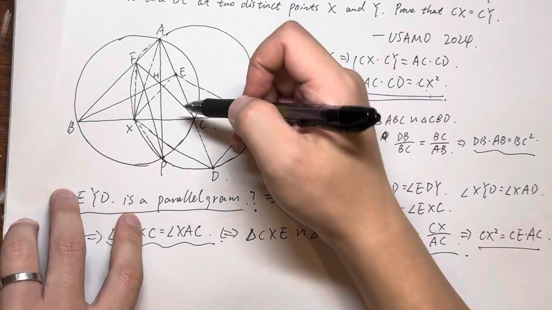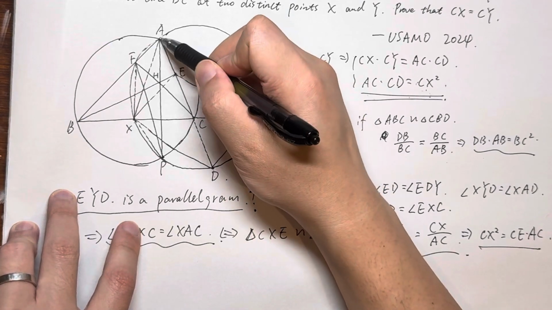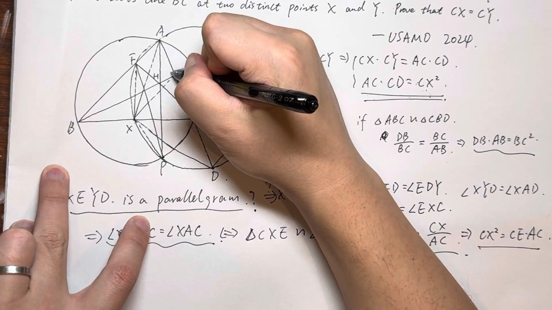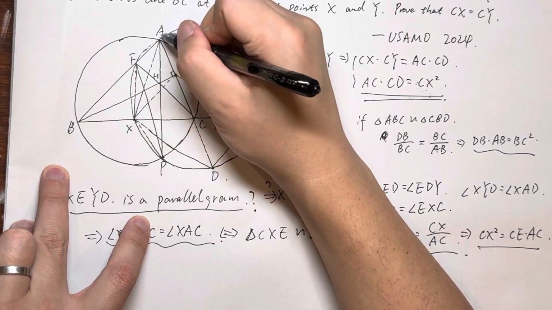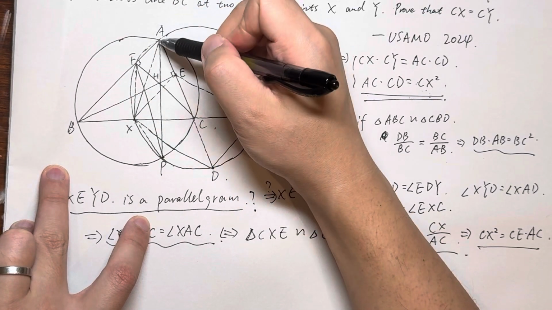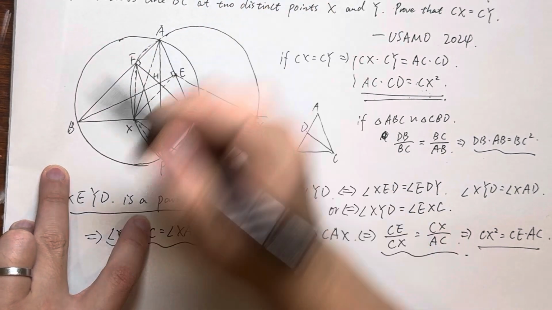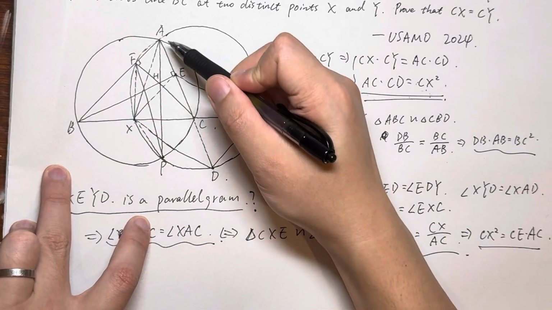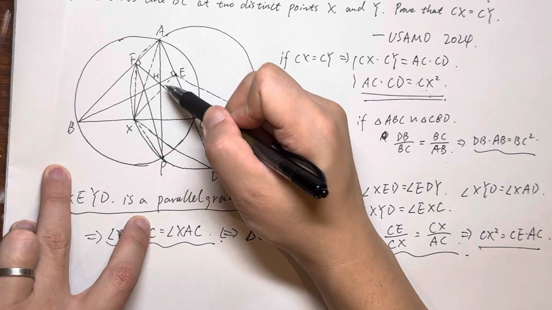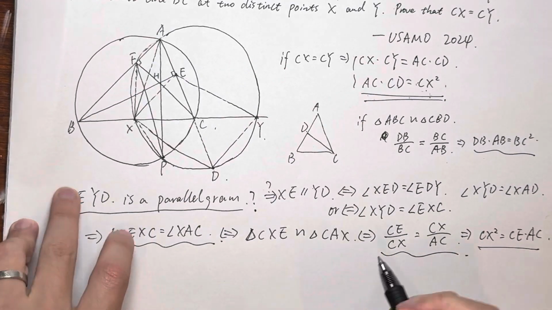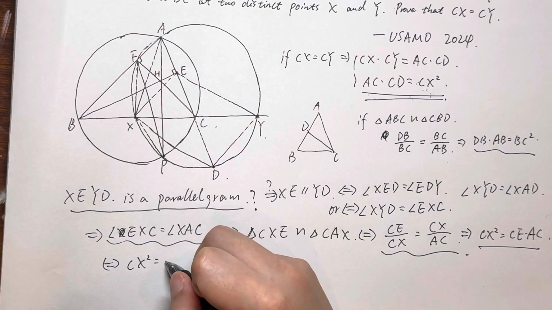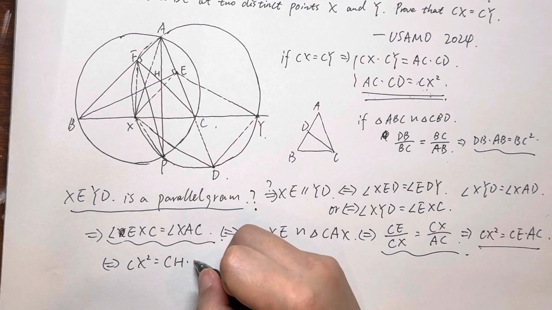So CE times CA, because angle BEA is 90 degrees, angle CFA is 90 degrees. We know that AFHE are cyclic, which means CE times CA equals CH times CF, which means we just need to prove CX squared equals CH times CF.